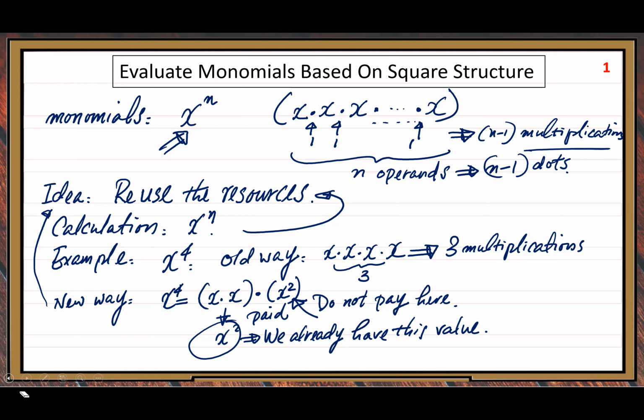Now, based on this understanding, let us count how many multiplications we need. The first time we pay for one multiplication. The second time, we do not pay for this copy; we can save it. As a conclusion, you can see we get a reduction: we only need two multiplications.